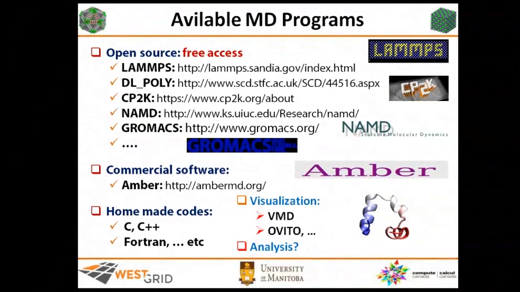So, solid-liquid interface. If you study, for example, metals with one component, it's easy to study the melting and crystallization, because you just start from a crystal, increase the temperature, then at high temperature you obtain the liquid, and when you quench the system, you can go back to the crystal.